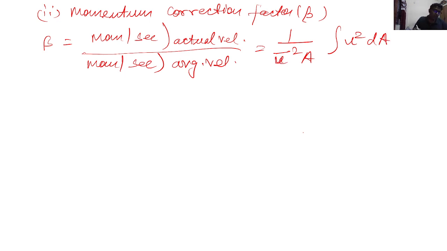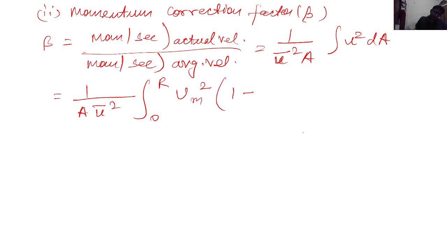So just put the expression a times u bar square and integrate it from 0 to R. Capital U can be written, according to the question, as Um times 1 minus r by R, whole square.